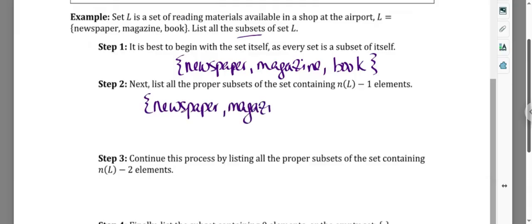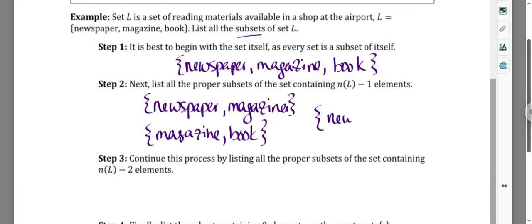So I have newspaper and magazine. I have magazine and book. And I have newspaper and book. Those are all subsets with one element removed. Next, all the subsets with two elements removed.